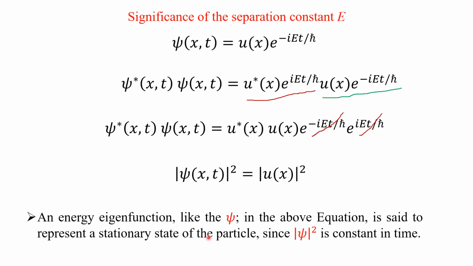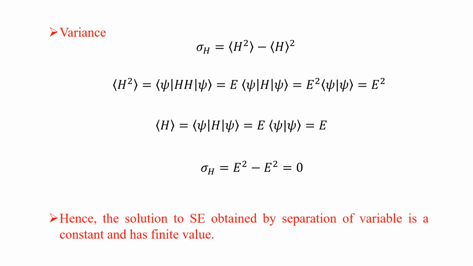So the energy eigenfunction, like the psi in the above equation, is said to represent a stationary state of the particle, since the modulus square of psi is constant with respect to time. We will see this in detail now.